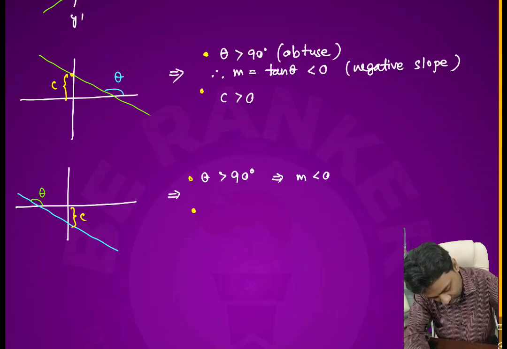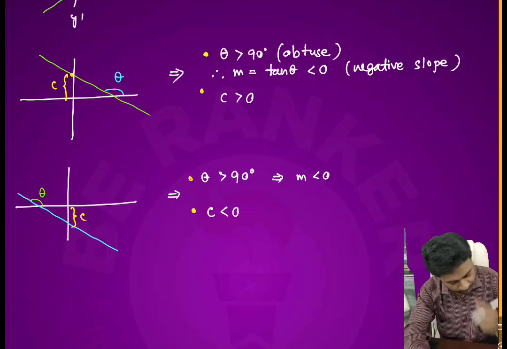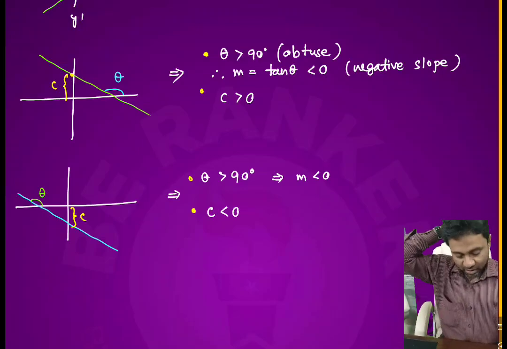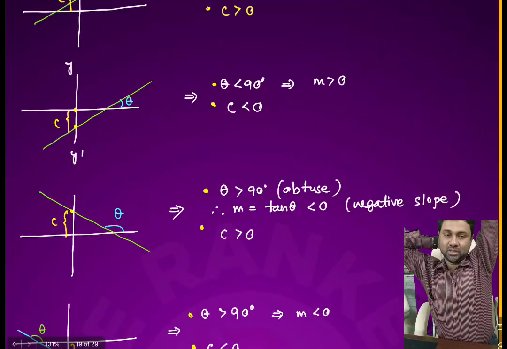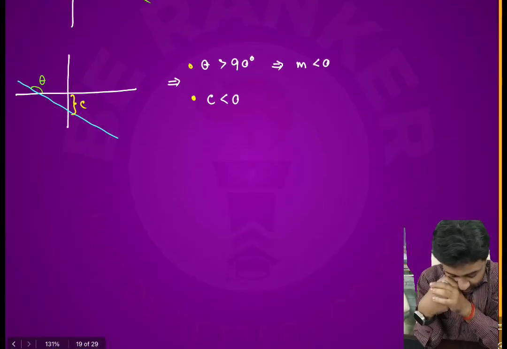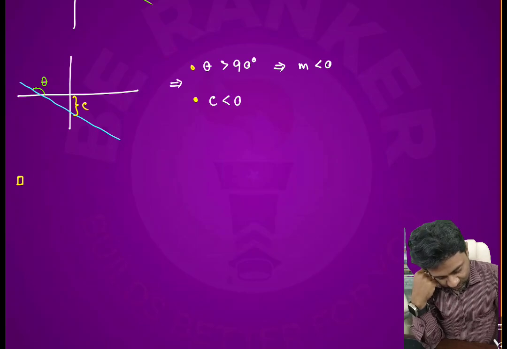Since theta is greater than 90 degree, you will directly say that m is negative. This graph has also the negative slope, and c is less than 0. Y-intercept is negative. So depending on m and c, the slope and the y-intercept, the graph of y equal to mx plus c may have different shapes.